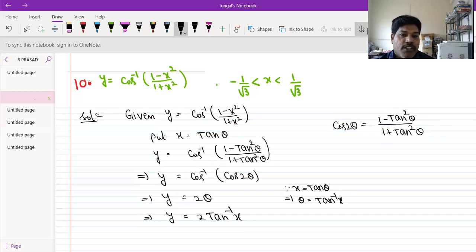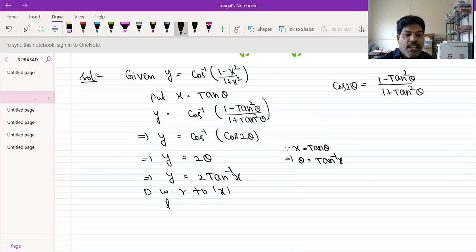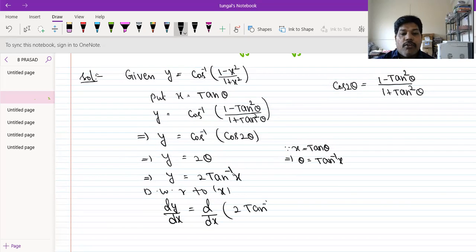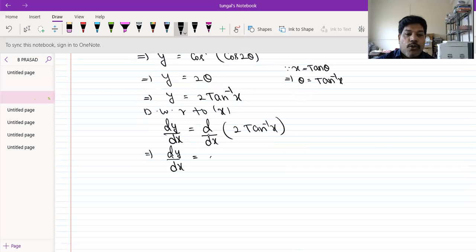Then we differentiate this function with respect to x. dy by dx is equal to 2 into the derivative of tan inverse x.